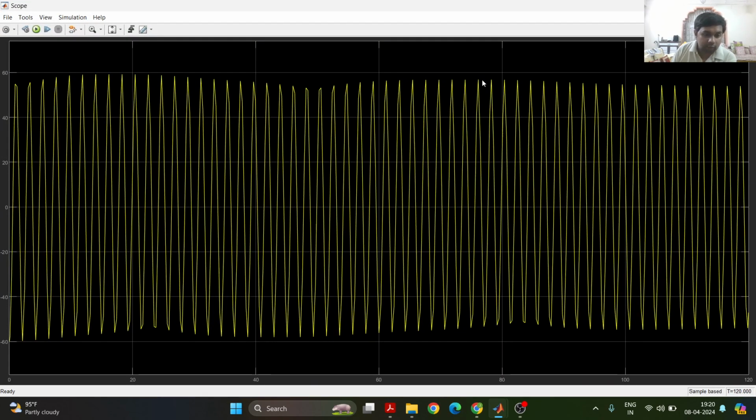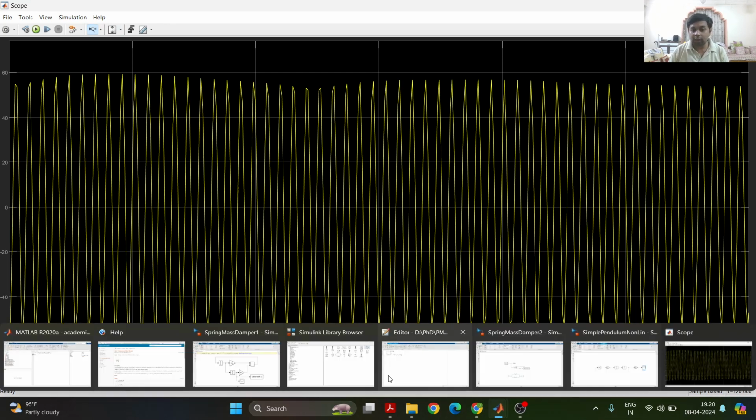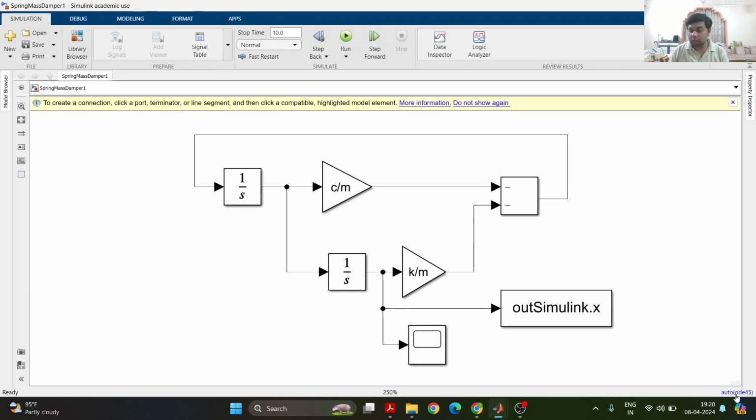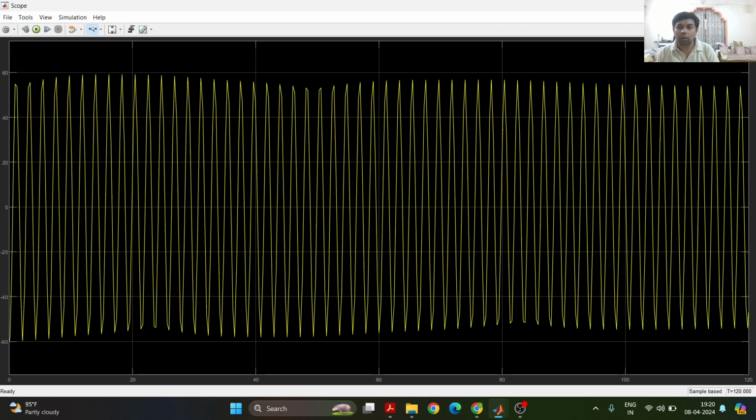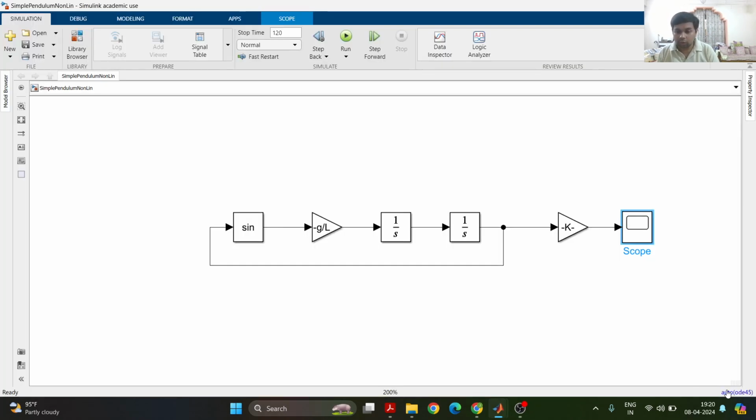Here we can see certain oscillations with variable amplitudes. We are not sure whether this output actually makes sense, because when we set it to auto, once we run the model, we can see that it has selected ODE45.